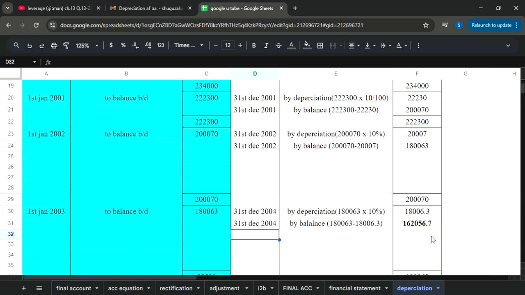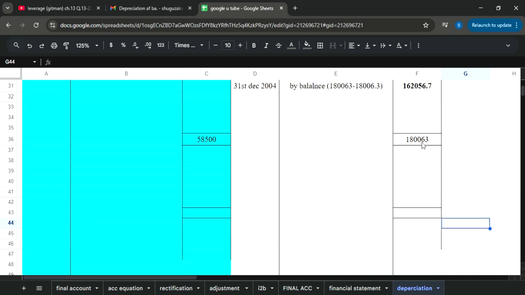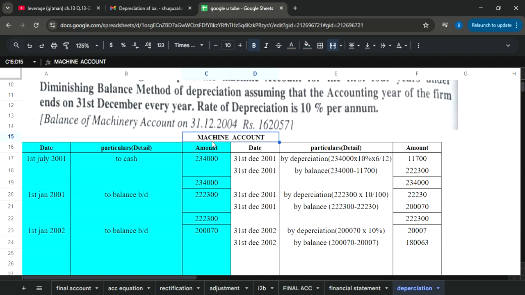Since we have taken decimals, collectively when you round it off, it would be 162,057. So in this way our answer is equalized.